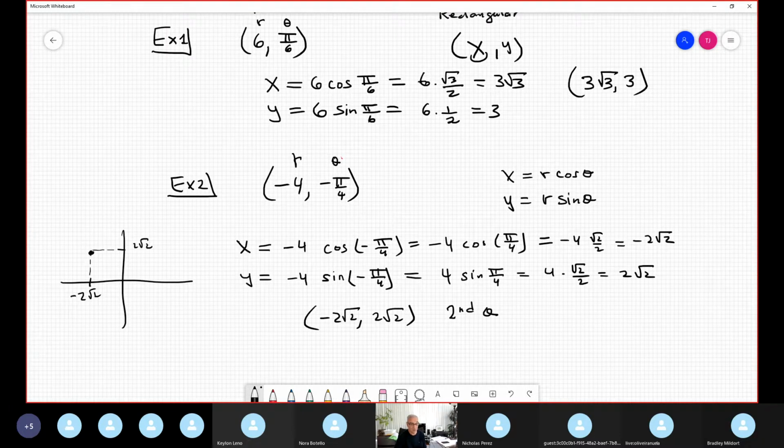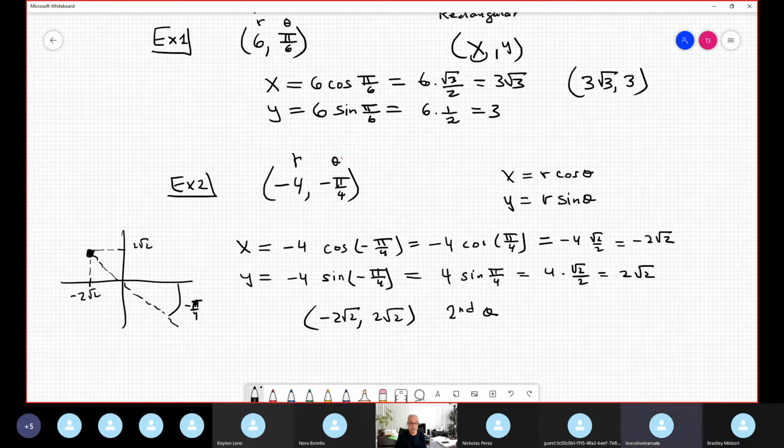And in polar it was negative pi over 4, which is in that direction, and 4 in the other direction is exactly here, because it's a negative radius. Make sense? Confusing? Clear? Answer me.